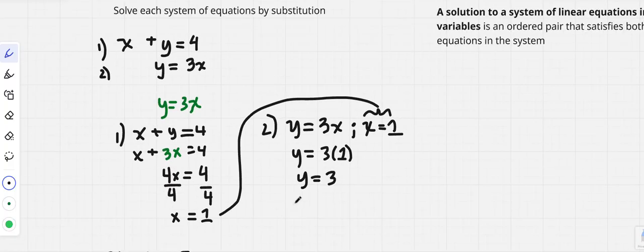So our solution, or our ordered pair, is (1, 3). And we check that by substituting it into equation 1, which is x plus y equals 4.